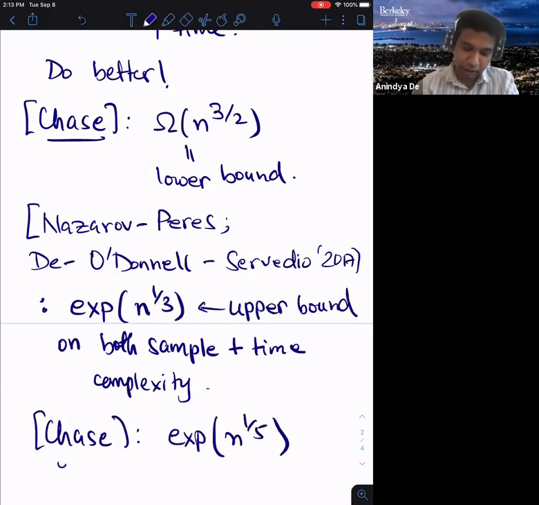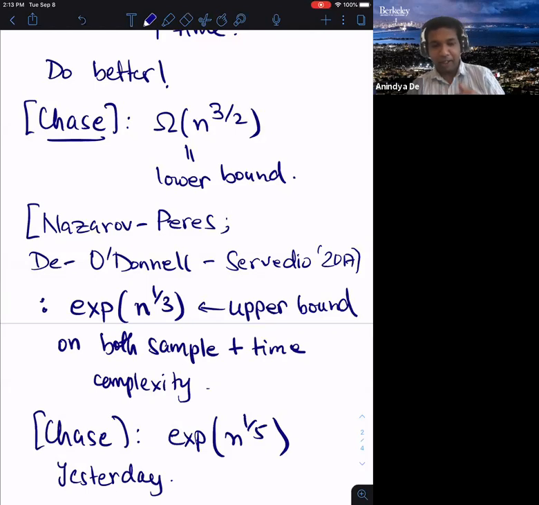But even with this update in the state of the art, the gap is still huge between the best known lower and the best known upper bound.